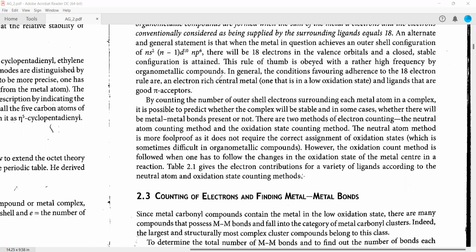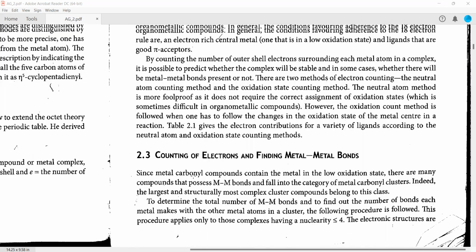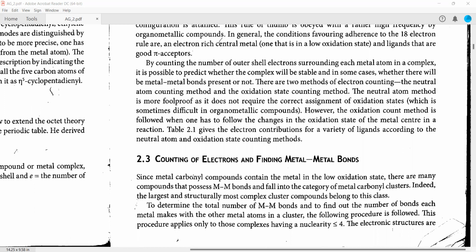If you don't know how many electrons a certain ligand is capable of giving, you cannot count the electrons for the metal complex. So table 2.1 is very important. Now let us start counting the electrons and also finding the metal-metal bonds. When the electron count doesn't come to be 18, what are the different consequences you can think of? From there you will get to know this term.